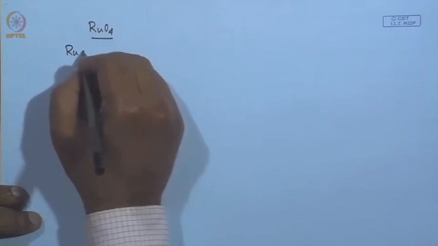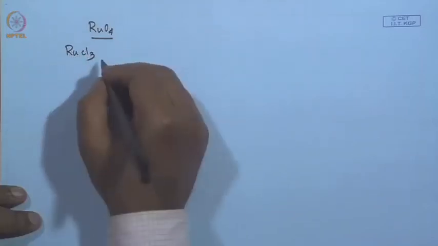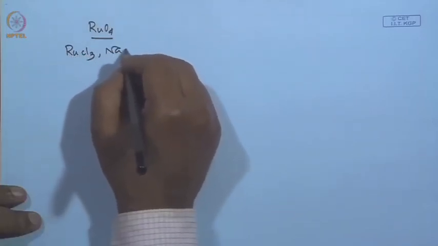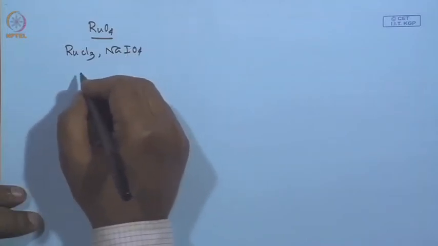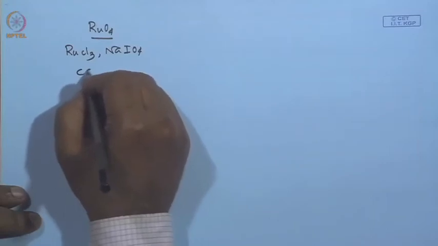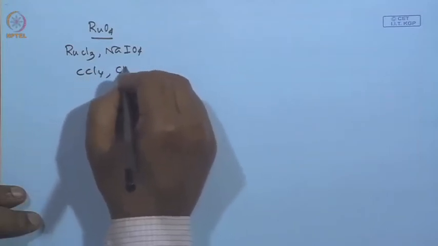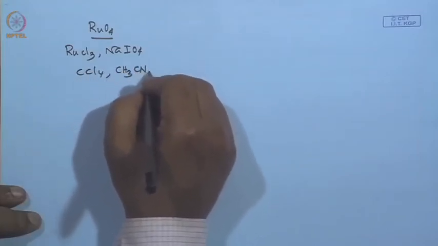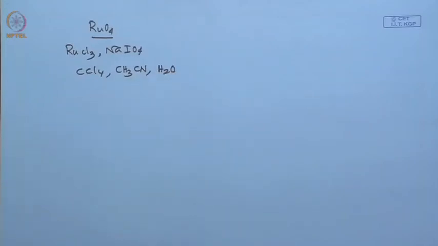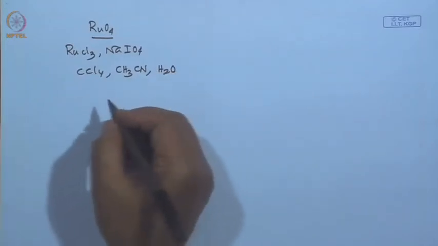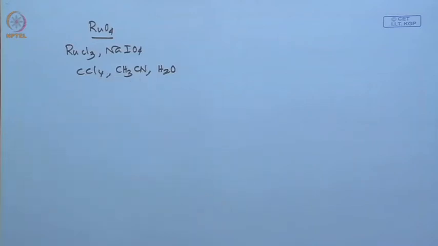Often we do not use it, but one of the conditions is ruthenium trichloride, then sodium periodate, and a triphasic system. Triphasic system means CCl4, then acetonitrile and water. This was published when I did my postdoc.